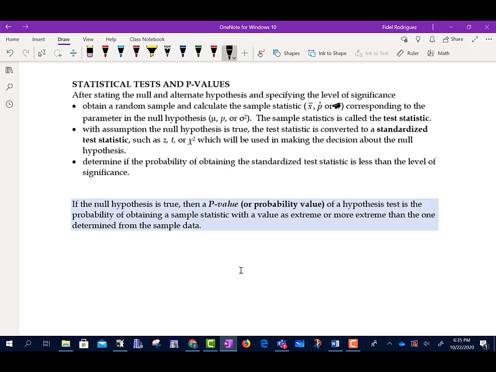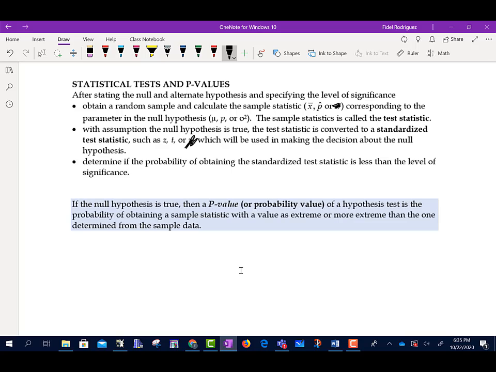Corresponding to the parameter in the null hypothesis, the sample statistic is called a test statistic. With the assumption that the null hypothesis is true, the test statistic is converted to a standardized test statistic, such as a z or a t. We're not going to be using chi-squared. That's what that one would be, which will be used in making the decision about the null hypothesis.